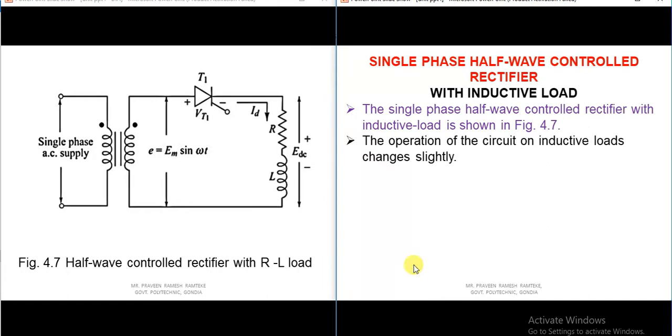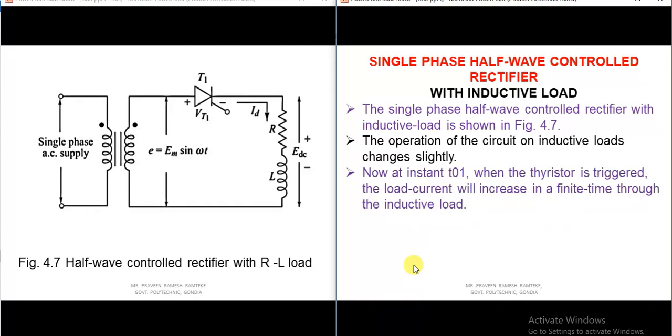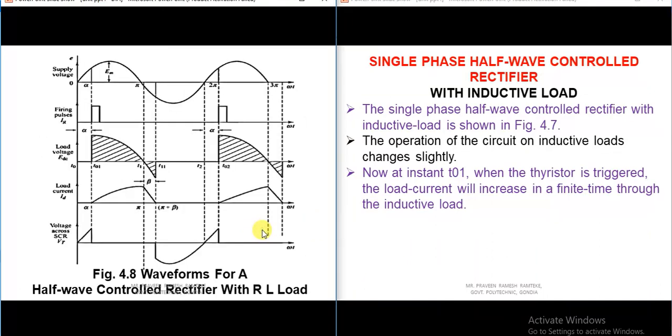The operation of the circuit on inductive loads changes a little bit. At time instance say t01, if we look at the waveform, when the thyristor is triggered, the load current will increase in a finite time through the inductive load.